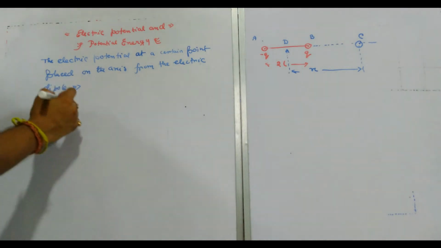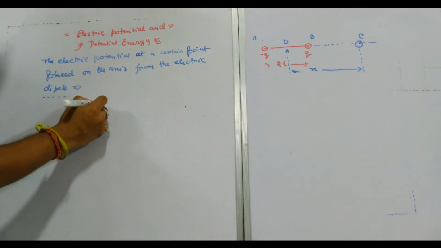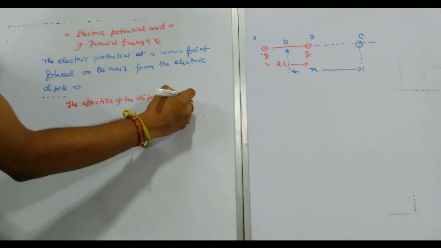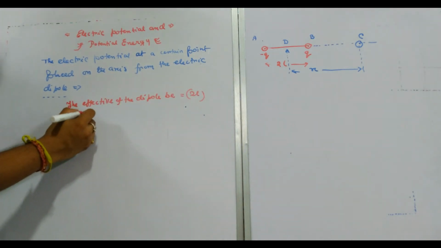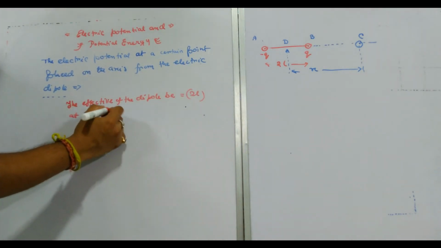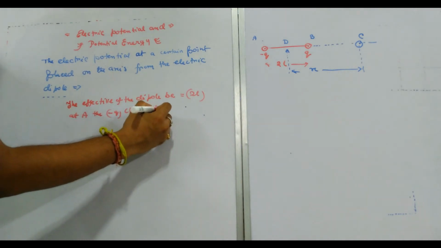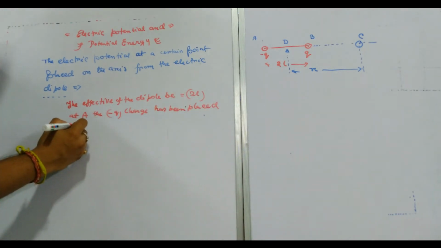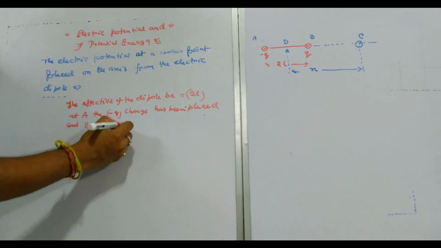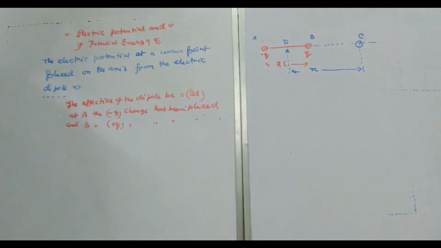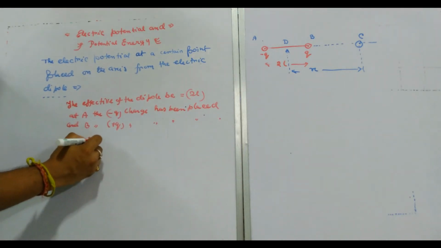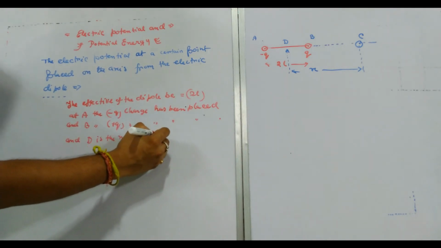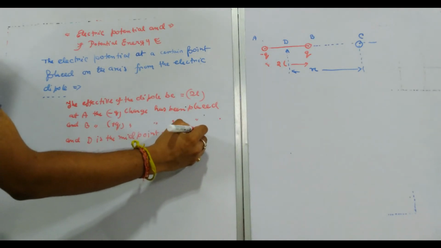So, the effective length of the dipole will be 2L. At A, the minus Q charge has been placed, and at B the plus Q charge has been placed. Clear? And D is the midpoint of the dipole. Sure?